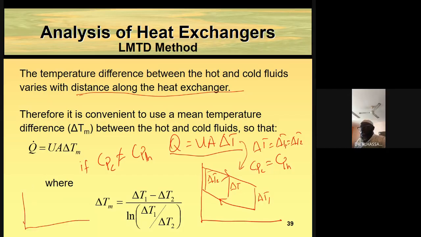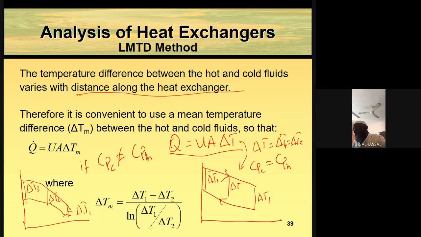You see that at any particular point, if you take this to be your delta T1, this delta T2, and this delta T3, these deltas are not the same.